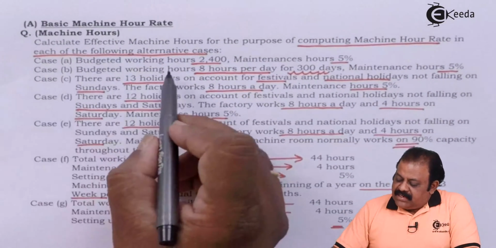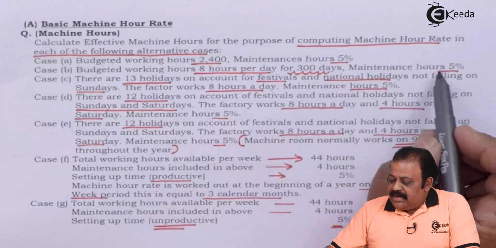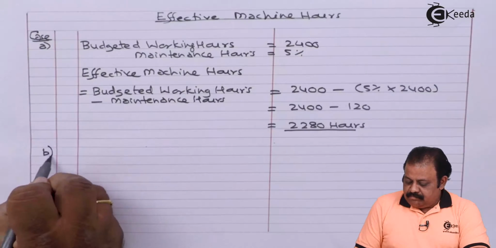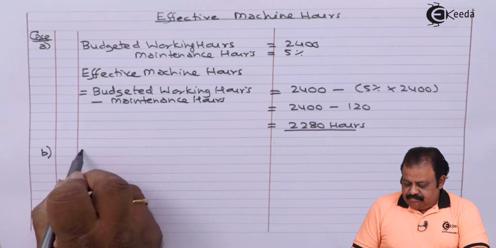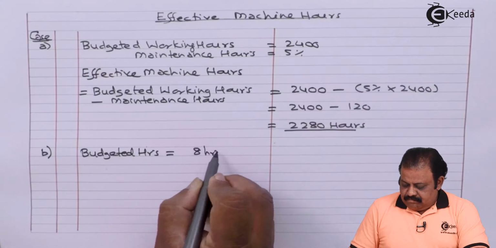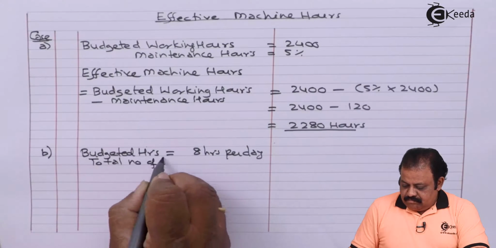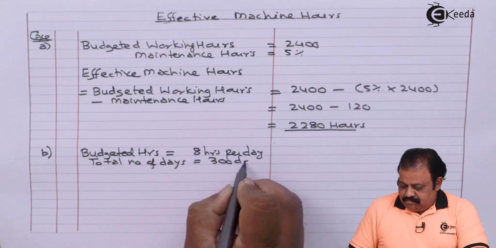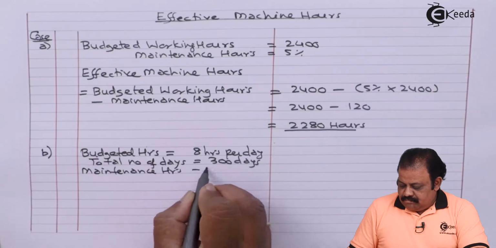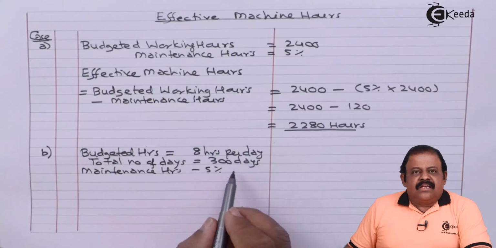Case B says budgeted working hours 8 hours per day for 300 days and maintenance hours are 5%. So we have per day 8 hours and total number of days are given 300.